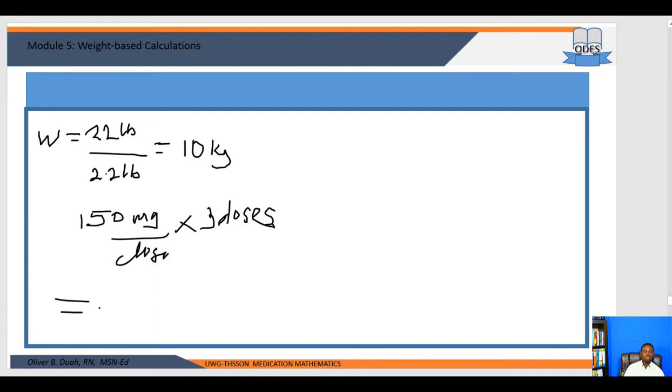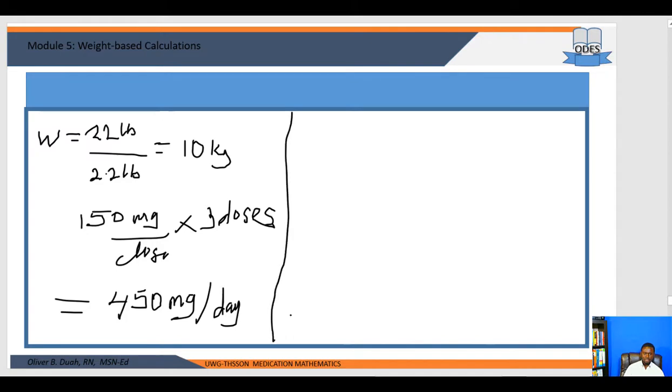And this will give us 450 milligrams per day. So the client is receiving 150 milligrams 3 times a day. So the total for the day will be 150 times 3, which will be 450. And now we have to determine if this is safe.